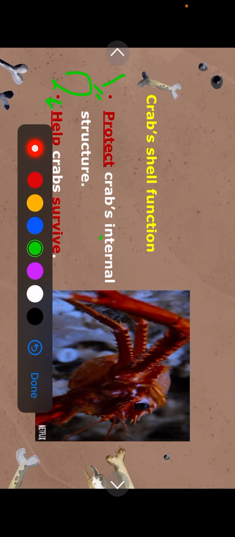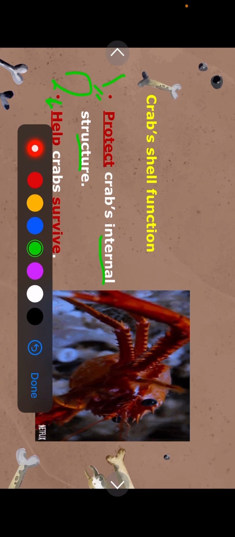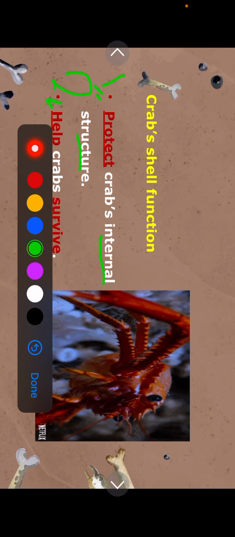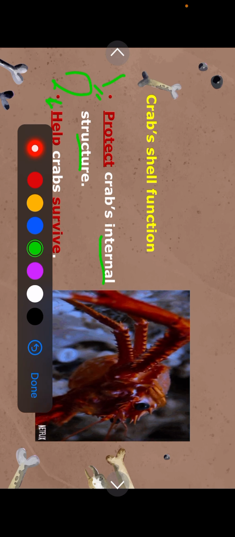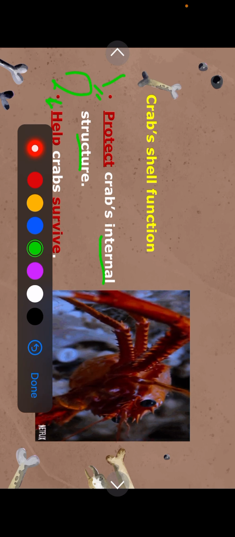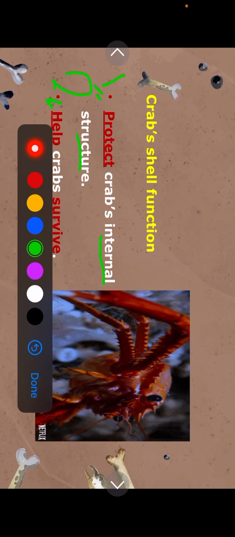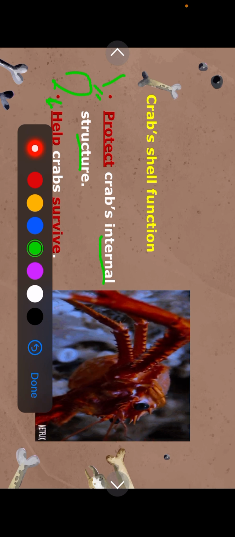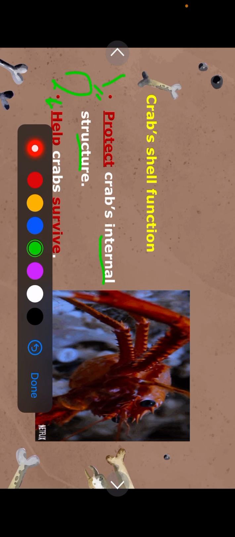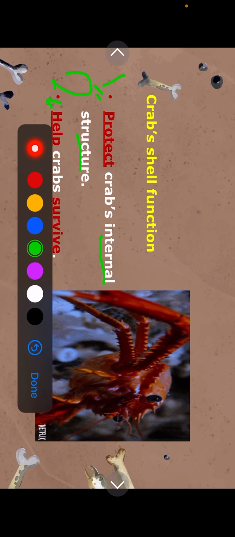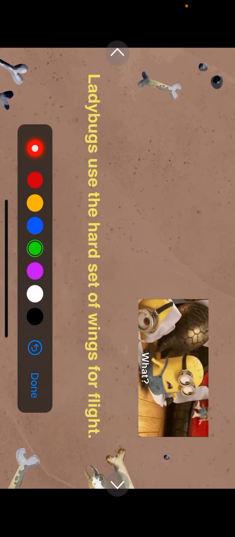If it protects the internal structures, then the crabs can survive well. Okay, these are the main functions of the crab's shell.